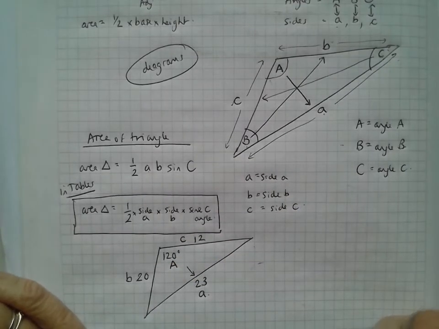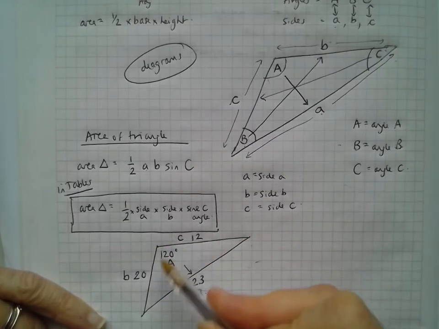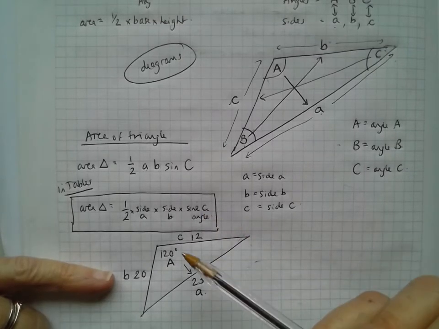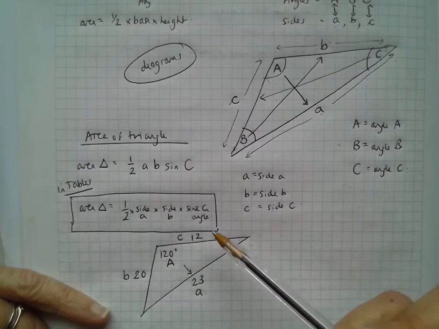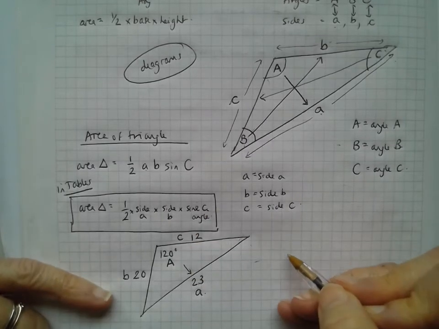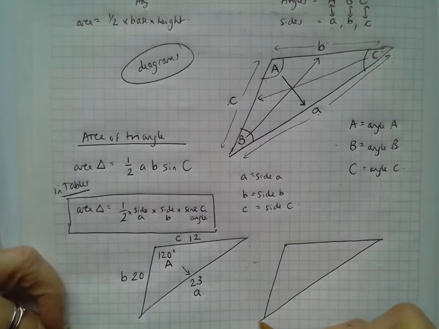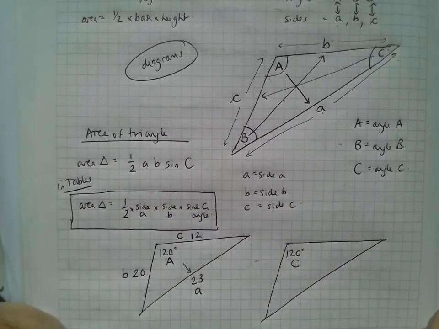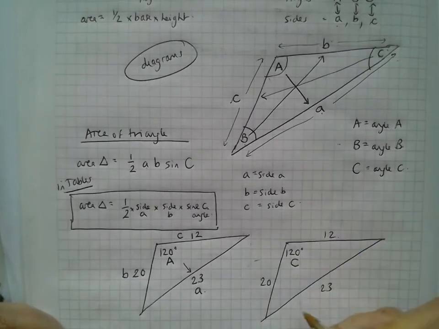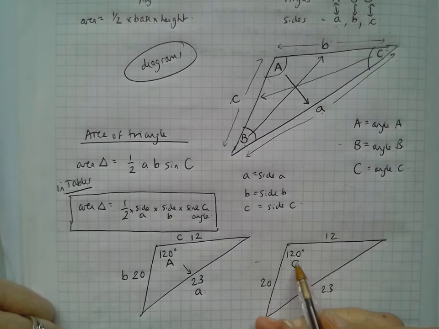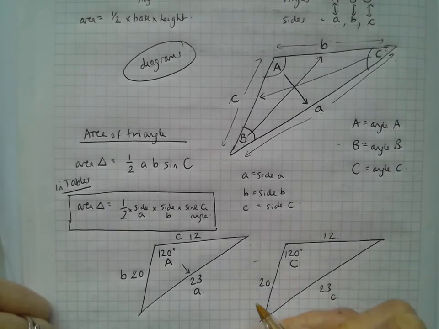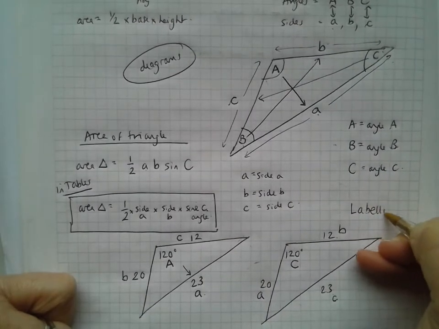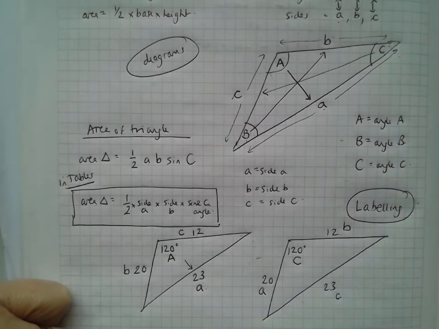Now, if you notice, I've actually dug myself into a bit of difficulty here because there's no side A in this formula, and there's no side C in this formula, because the sides are A and B, and the angle is C. So I might have to redraw this triangle, and say, well, this is the angle that I'm given, and for my formula, I need that to be C. So my angle I need is angle C. This is side C. I better call this A, and I better call this B. So it's really important that when we label our triangles, we do it in a way that helps us to use the formula we're using.